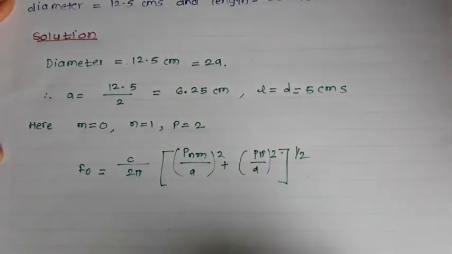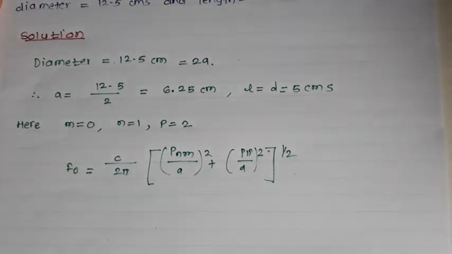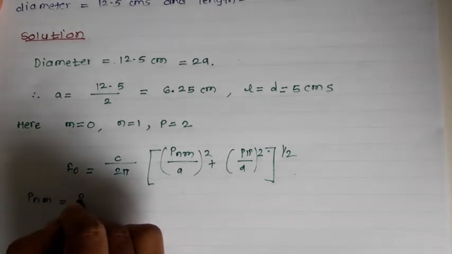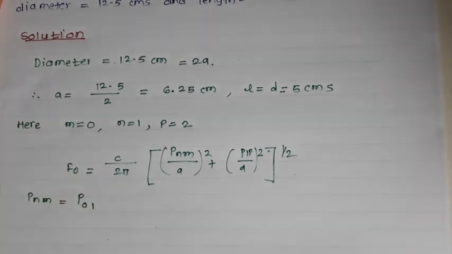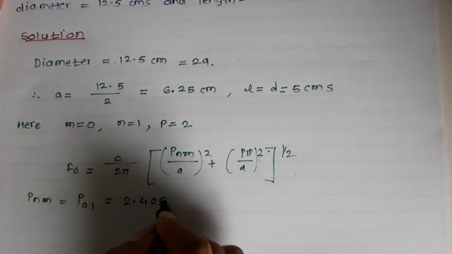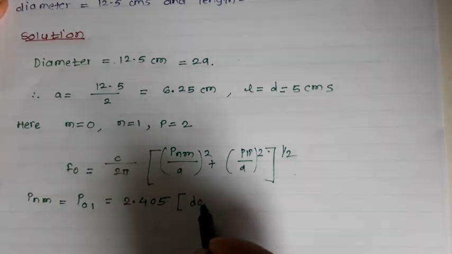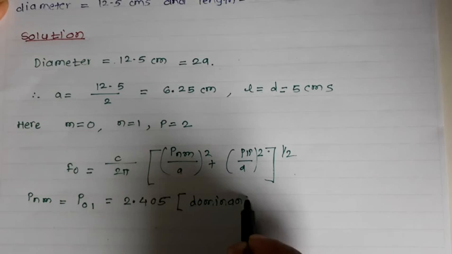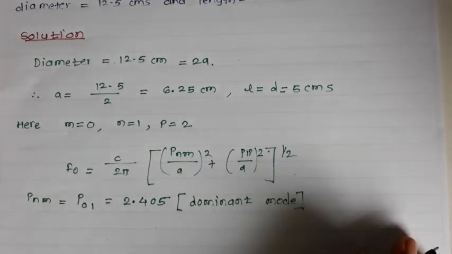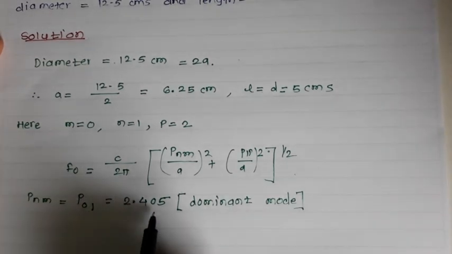Here P01 is 2.405, which is for the dominant mode. We have already seen these things. Whenever they ask you to calculate, it is P01 equal to 2.405.